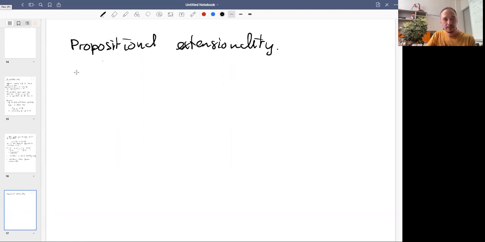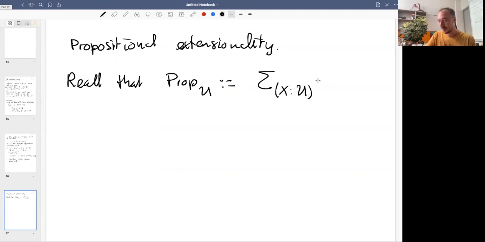So let's first recall that the type of all propositions in U, so now I'm going to write the U here, is defined to be sigma X in U, is-prop X. And I think that at some point in your exercises, you must have shown that this is a proposition itself.